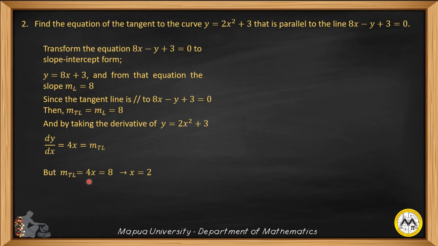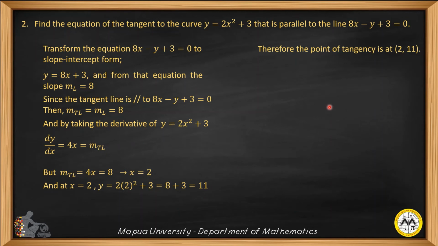So we have 4x is equal to 8, and this will give us x equal to 2. And with x equal to 2, substituting that in the equation y is equal to 2x squared plus 3, we will have 2 times the square of 2 plus 3, giving us 11.